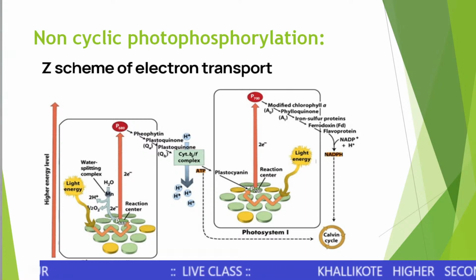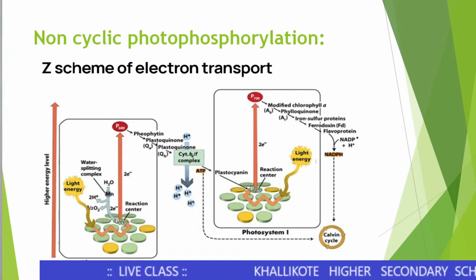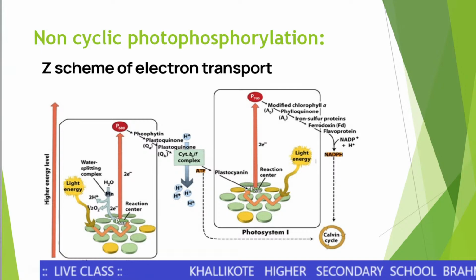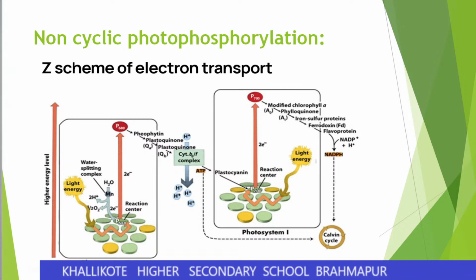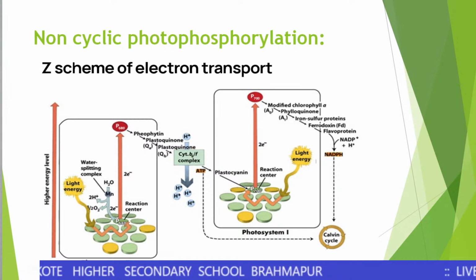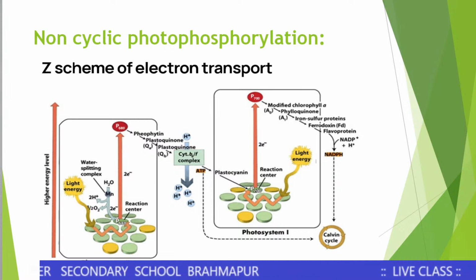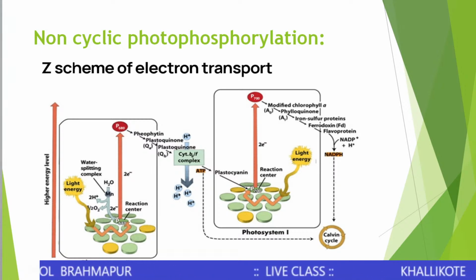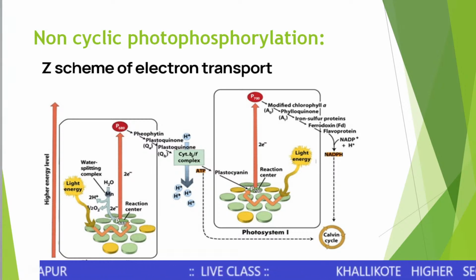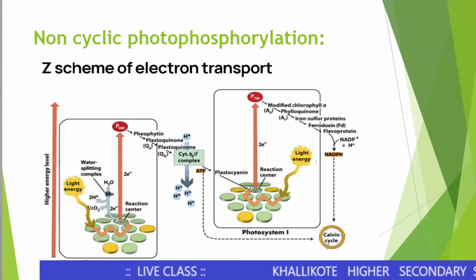Here you see the movement of two electrons because there are two reaction center chlorophyll A molecules in the photosystems. The P680 molecule is photo-excited with much energy and loses the electron.